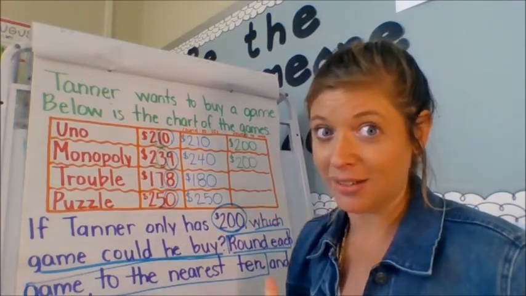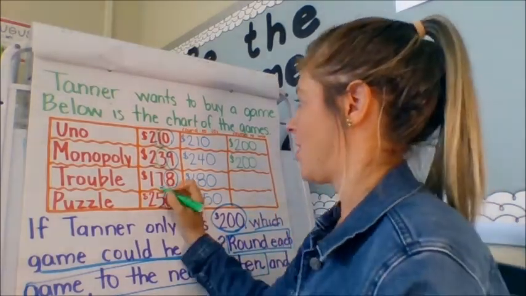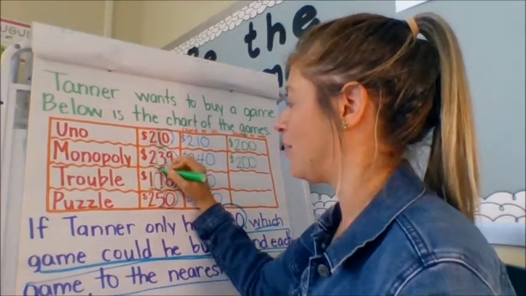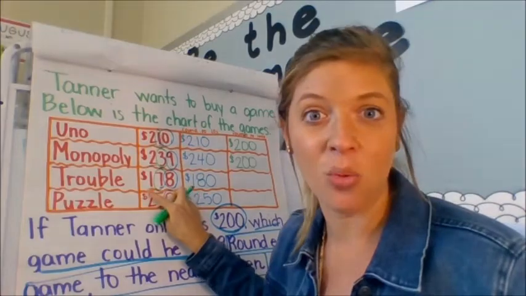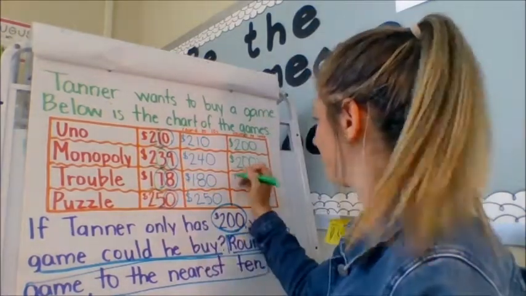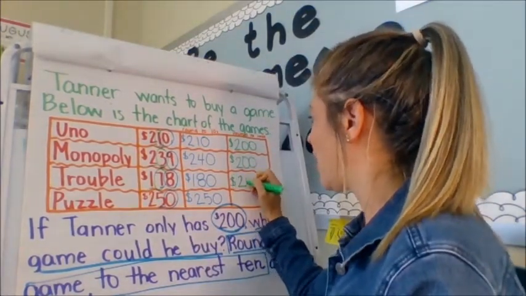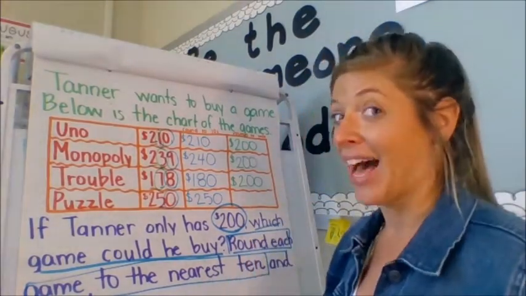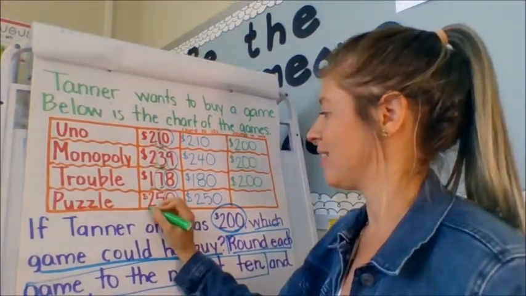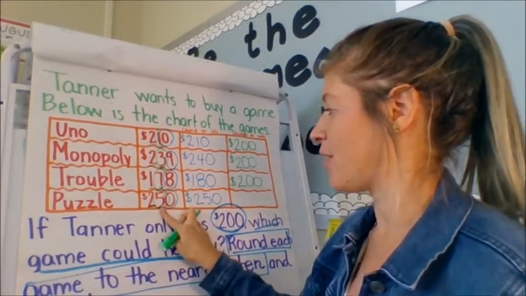But I'm not done, so let's keep going. If I round Treble to the nearest 100, the 7 would tell the 1 to soar. 200. Oh, so far they're all the same. Last but not least, let's try 250.